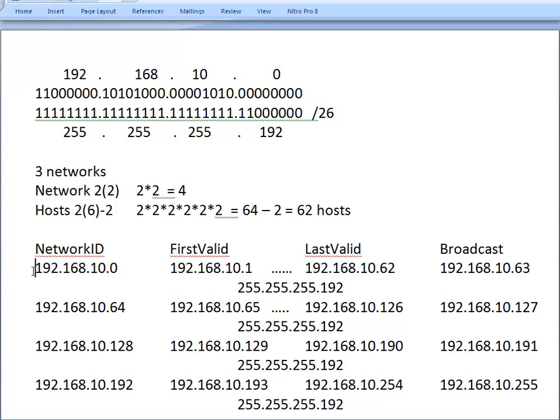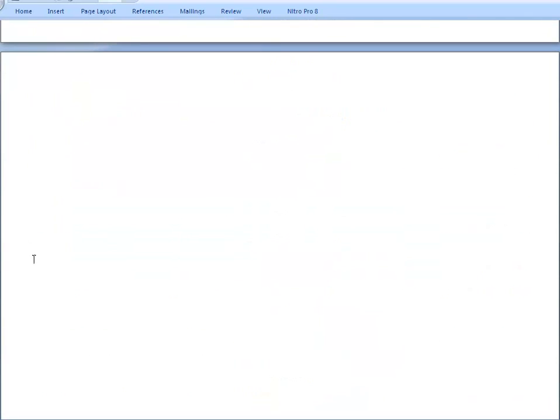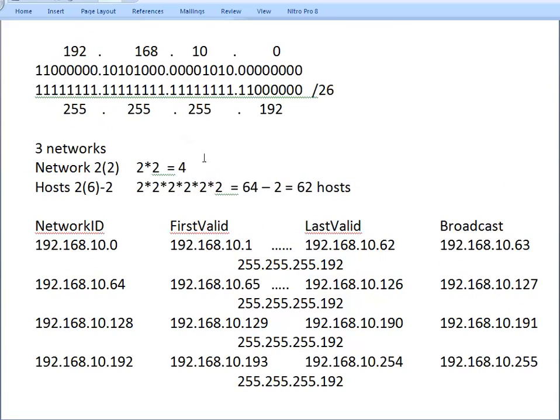Okay, next thing, I'm going to take another example, but I'm going to do similar. Now what we're doing at the moment is called FLSM, fixed length subnet mask. Fixed length because all these subnet masks are exactly the same: /26, /26, /26, /26. And each one is giving us 62 hosts.